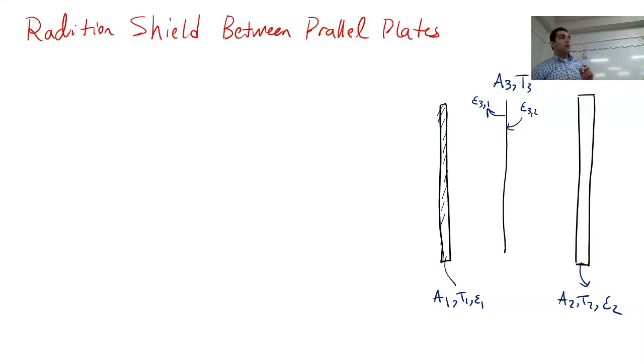Now, how many resistances do you think will be in this thermal circuit? One, two, three, four, five, six.